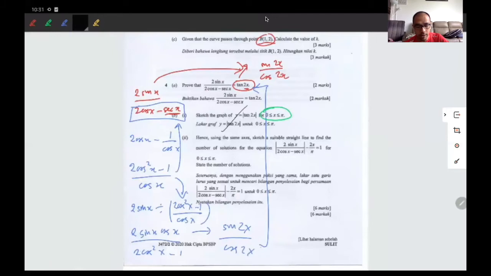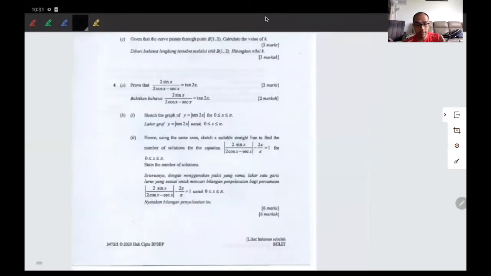It is minus 2x over pi equals to 1. Now notice this and this. It has already been given for us, equals to tangent 2x. Therefore, I can say that this whole thing is modulus tangent 2x minus 2x over pi equals to 1. So let me start from there.